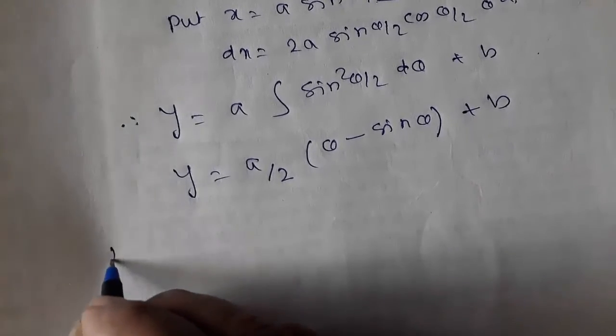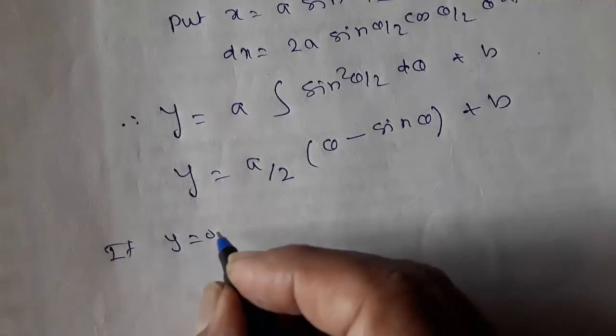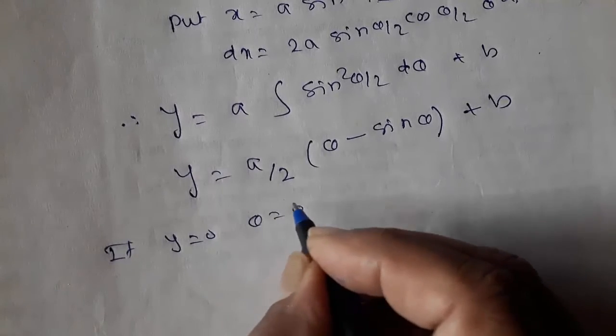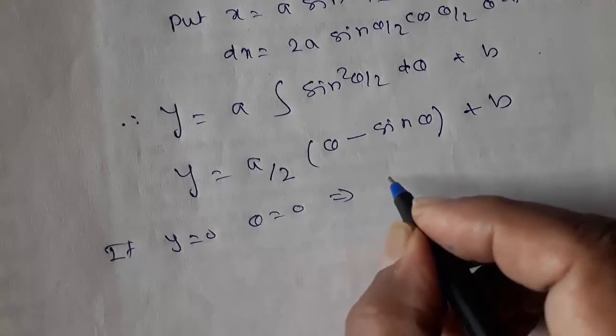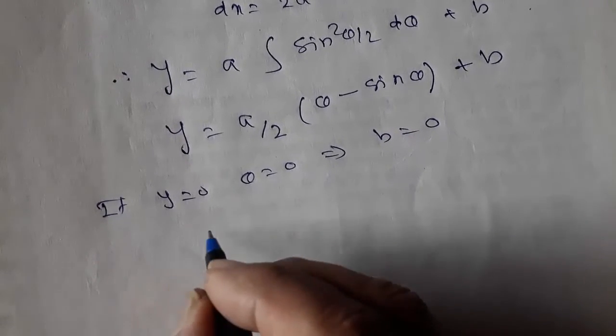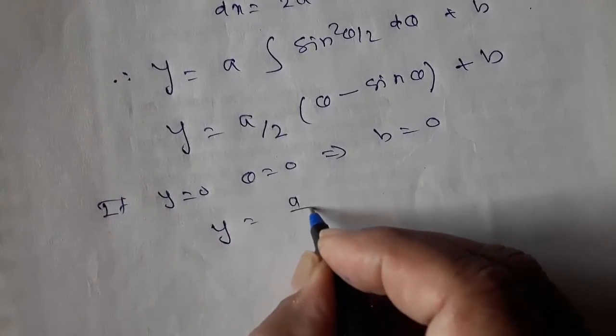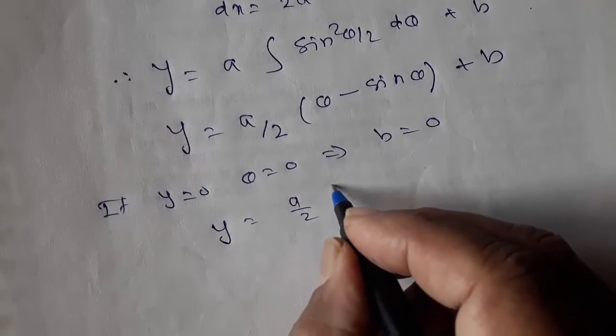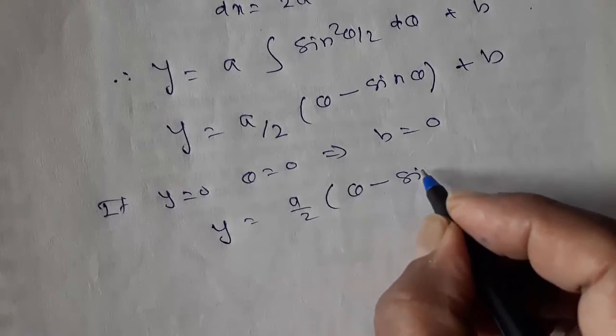If y equal to 0, theta equal to 0. This implies b equal to 0, and hence y equal to a by 2 into theta minus sine theta.